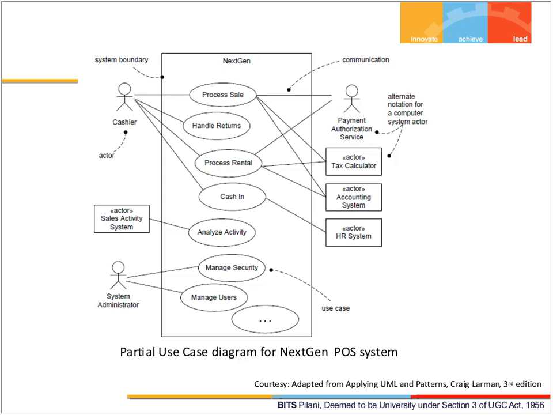So there is a complete small chapter which describes this case study. You should go through this case study, and then the book takes this case study throughout all the chapters, and they discuss all the models and all the applications of the design patterns as well based on this case study, right?